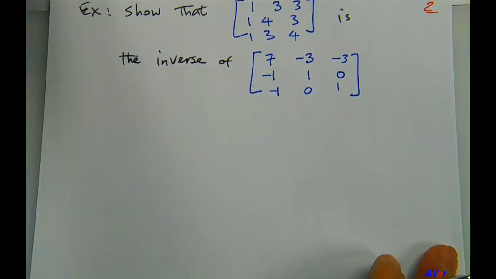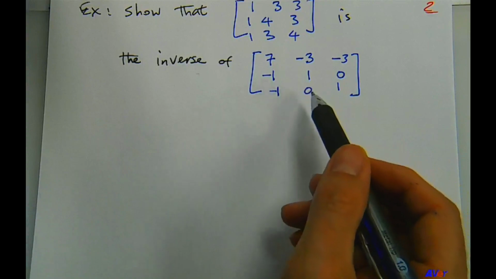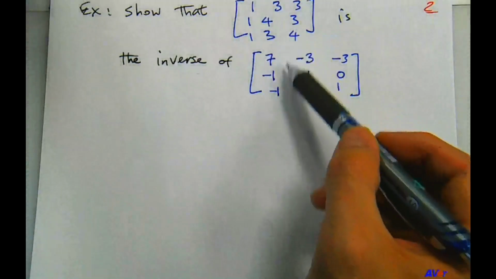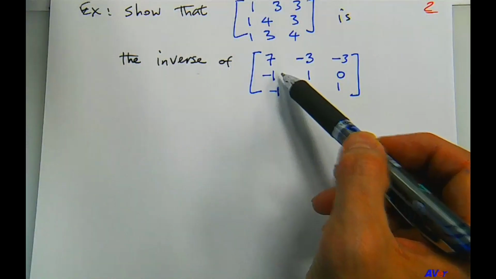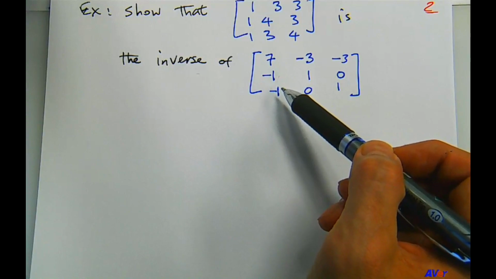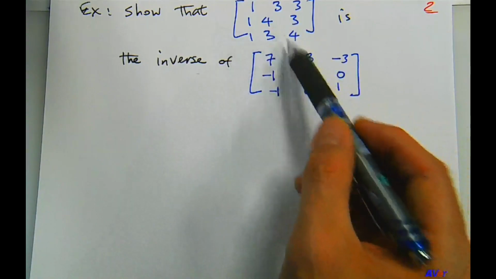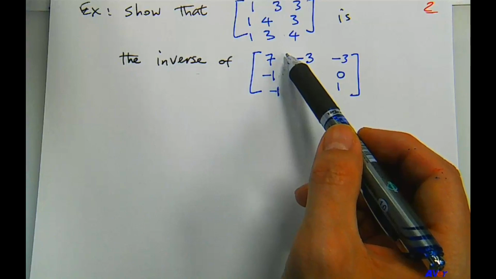Okay, so when we want to prove this, we're going to multiply these two to see if we get the identity matrix. Now, in which order we multiply these two, it doesn't matter.